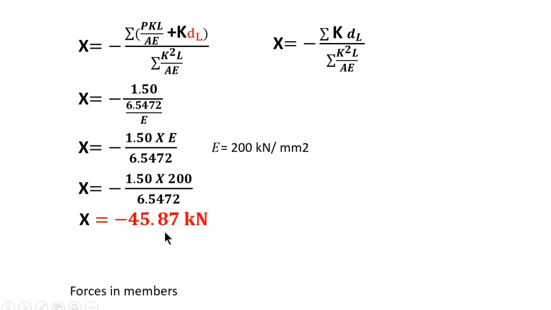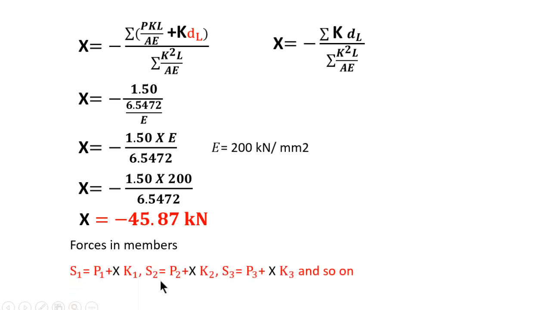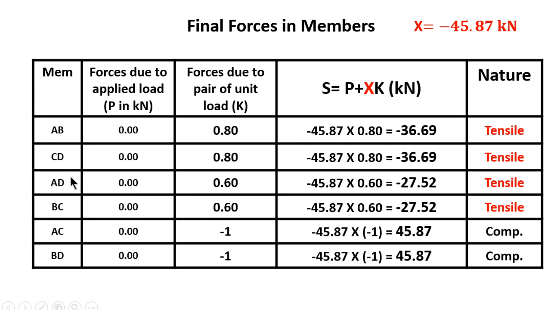So we got x equal to minus 45.87 kilonewton. By using our equation for forces in the members, S1, S2, S3 and S4 like this, where P1 is the force due to the external loading and K1 is the force due to the unit load. The next step is that we have prepared one table, with members A, B, C, D. Then the load P, which we know is 0, and the force developed due to the pair of unit load, K, which is 0.8, 0.8, 0.6, 0.6, minus 1 and minus 1.